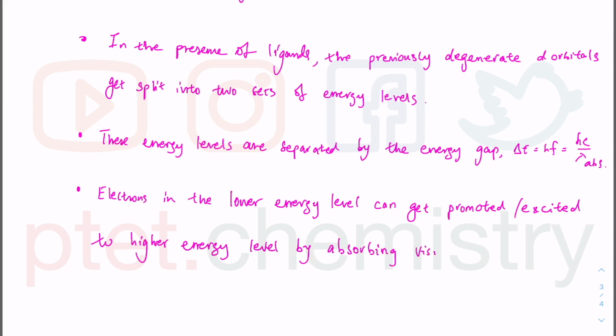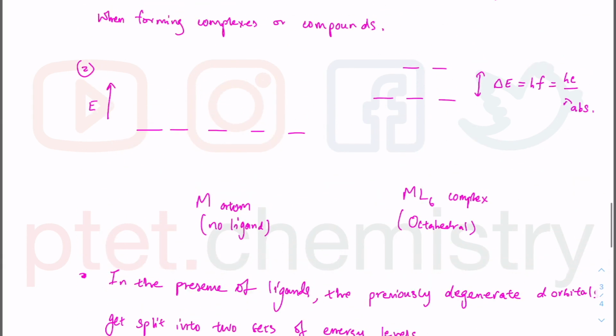Visible light refers to those light photons in the visible light region. You cannot occupy all those empty spaces in between. The electrons can only sit in orbitals, so they have to absorb a specific wavelength that corresponds to this energy gap as characterized by this equation. This is Planck constant, this is frequency of the radiation, this is speed of light, this is lambda, meaning the wavelength of the visible light being absorbed.